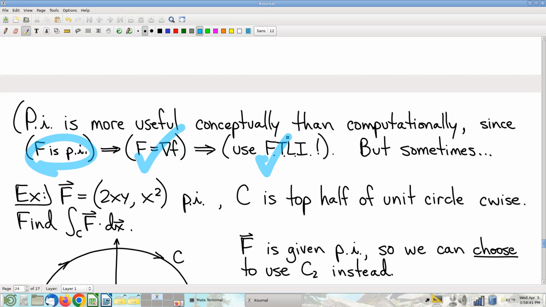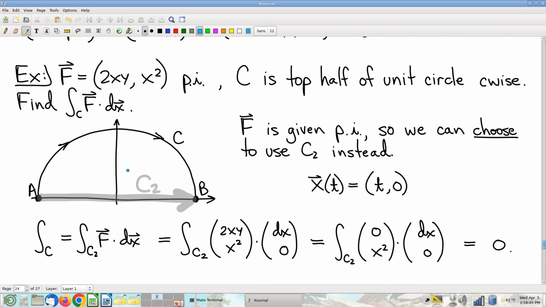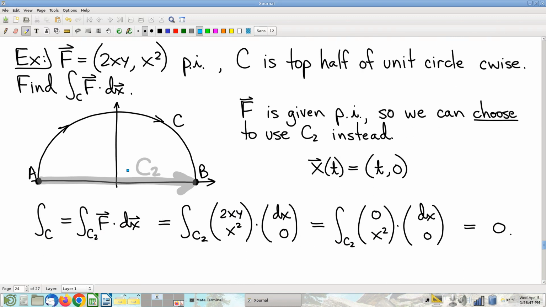So there are some circumstances, though, when path independence still is actually useful. Now, this is going to be suggestive of those circumstances, and then I'm going to criticize this example after I'm done. For the moment, let me just go on with it. Here's a vector field. I'm going to want to compute a line integral. Notice I'm given in the statement of the question that this is path independent.